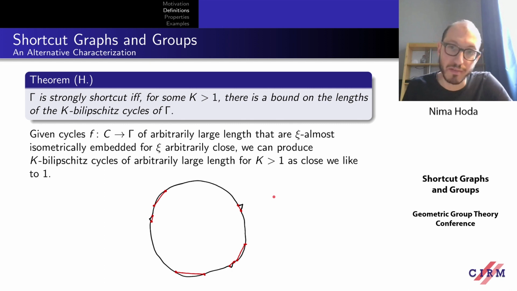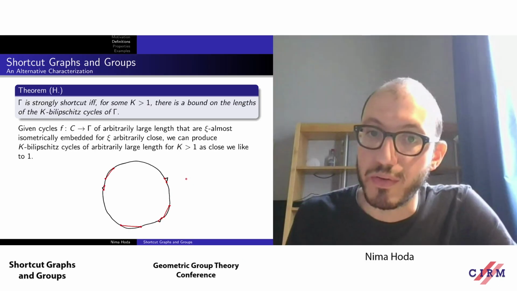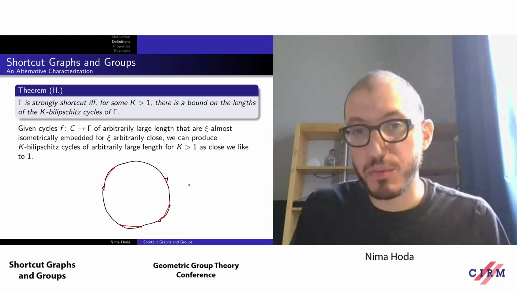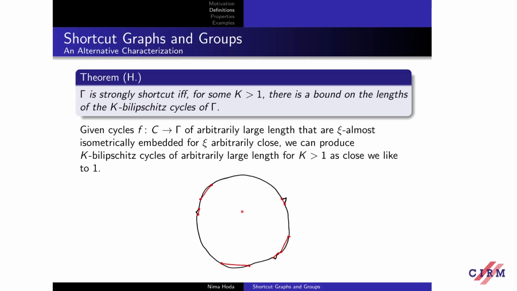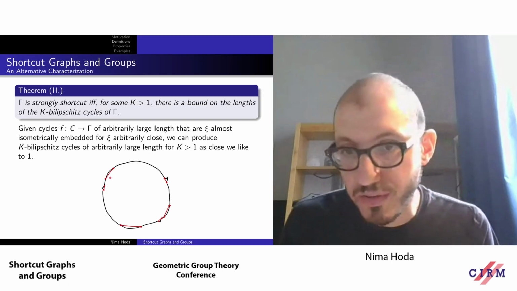That's not going to be a bi-Lipschitz embedded cycle because it's not embedded, but it could be psi-almost isometric for very good psi. So we take our psi-almost isometric cycle, of which we have this family of arbitrarily large length and arbitrarily good psi, and we find segments that are not k-bi-Lipschitz embedded for k some function of psi.